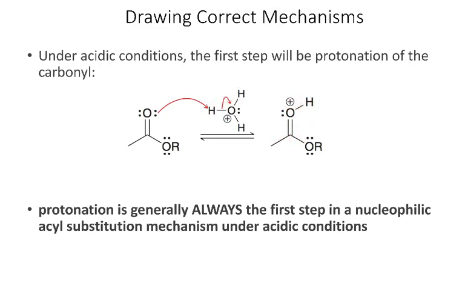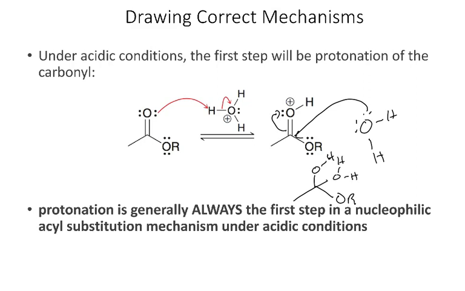And so now when I come in with a water, right, I didn't make any new negative charges, so I'm not creating a strong base. So by protonating my substrate first and then doing the nucleophilic attack, I can avoid formation of that strong base. And because I'm in acidic conditions, I had to do that.